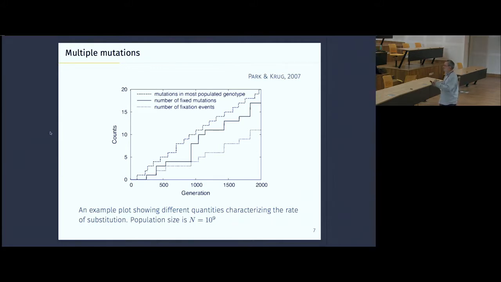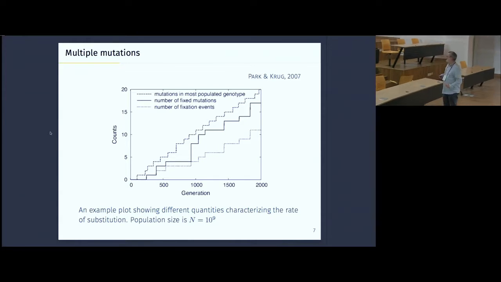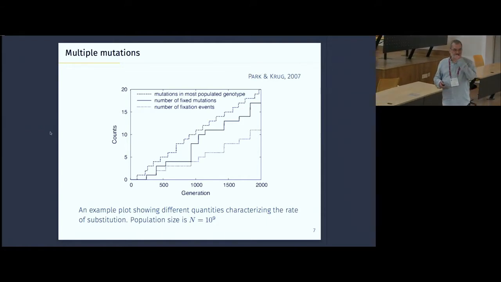It's not that the two fixations take place at the same time, because that is not possible, but there is really just a very small delay. And one of the contributions of this paper is that they were able to simulate very large populations with a clever algorithm.